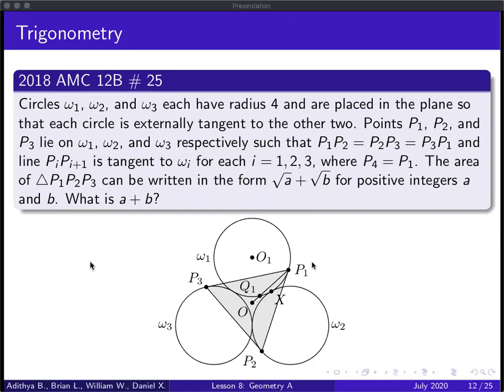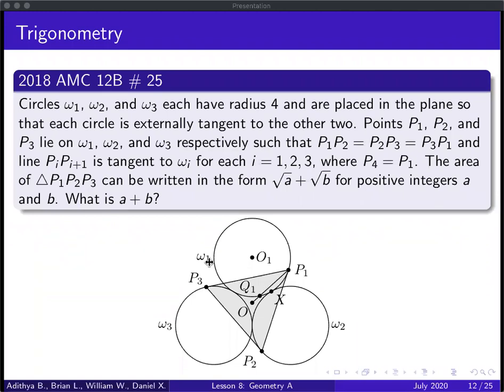Q1 is on the same line as O and P1. So that means that OP1P2 should be equal to Q1P1P2. And we know that the problem says that P1P2 is actually tangent to omega 1.